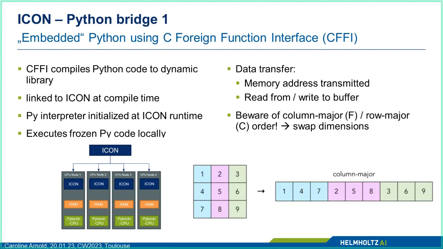But there's a lot of headache associated with this. The major headache is that Fortran is a column major layout and Python row major layout. So when you start reading arrays from the buffer on the Python side, you need to make sure that you do not mix up the dimensions and so on. And all in all, this requires a lot of development.